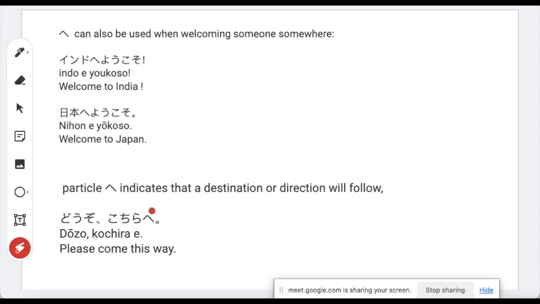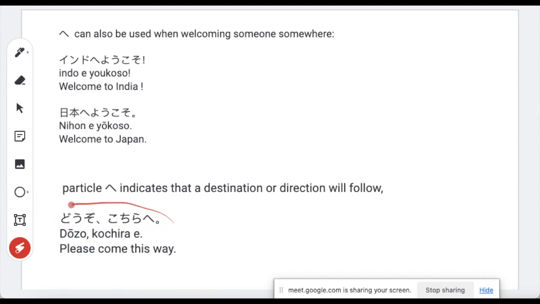With a hand gesture we say, please come this way, come here, sit here. Whenever we are directing towards a direction, we use 'e'. 'Dozo kochira e' means please come this way. 'Dozo kochira e, suwatte kudasai.'